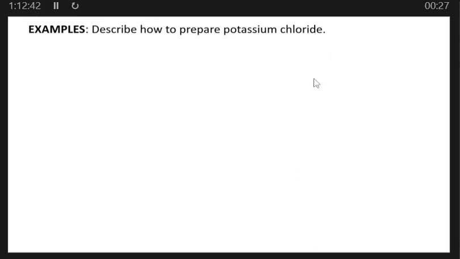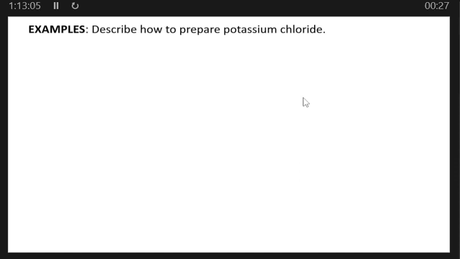So in your description, you must 1 state whether this potassium chloride is a soluble salt, then 2 the method used to prepare it, then 3 the reagents, then 4 the process itself of preparing this salt, how it is carried out. You must describe all that.